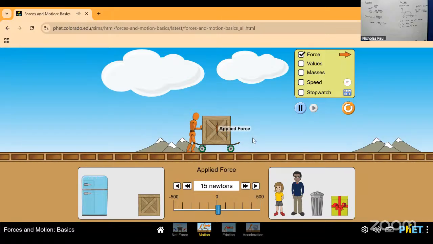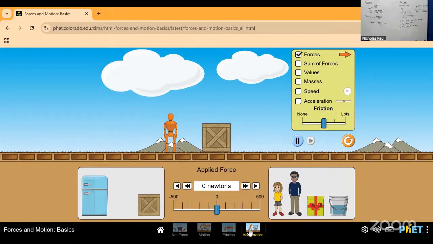The applied force is to the right, right? What about where his acceleration is? To the right as well. What direction is he moving in? That could show you acceleration as well.